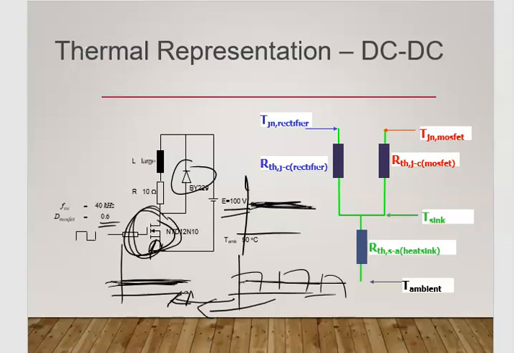We have on and off, 60% on, 40% off. That's why we have 0.6. A 0.6 duty cycle means 60% on, 40% off, and it repeats again and again.